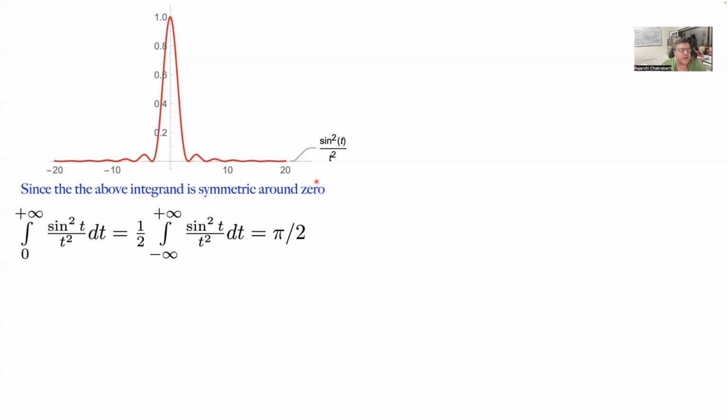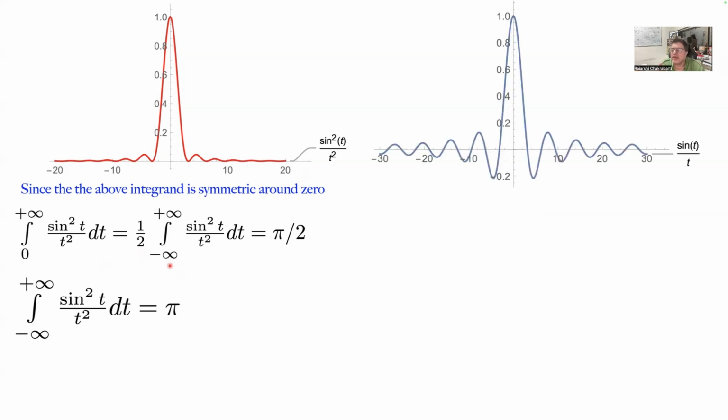This is exactly what we have written here. If you integrate from 0 to infinity, it is just half of integrating the same function from minus to plus infinity. And if you integrate, as we're going to prove in a few minutes, the result is well known. It is pi.